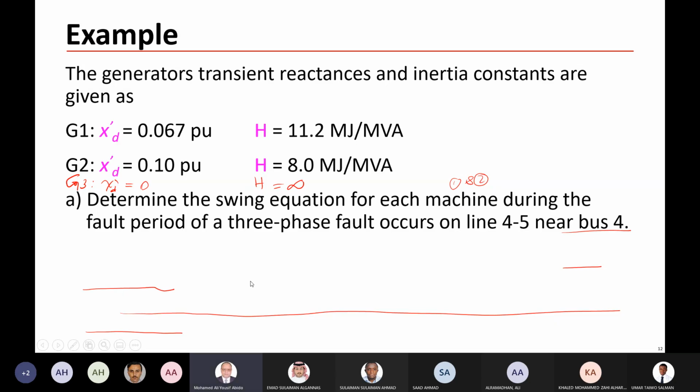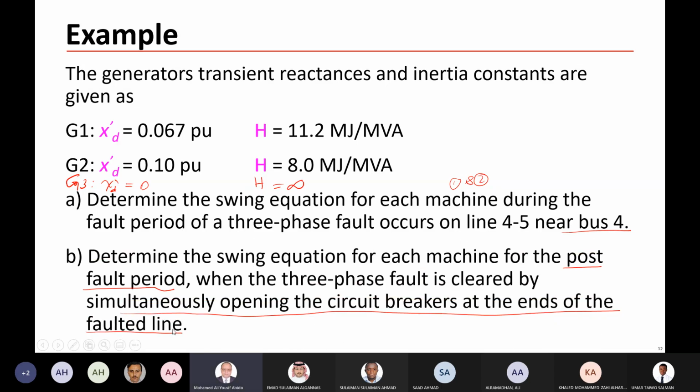If the fault occurs at bus number 4, and determine the swing equations of each machine for the post-fault period. And the switching scenario was the three-phase fault is cleared by simultaneously opening the circuit breaker at the ends of the faulted line. So the faulted line is now removed from the system.